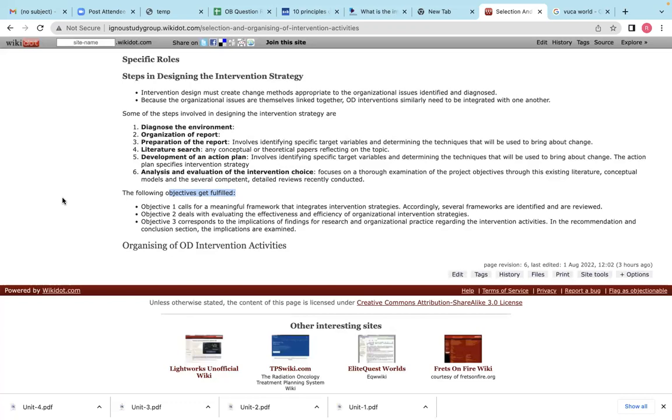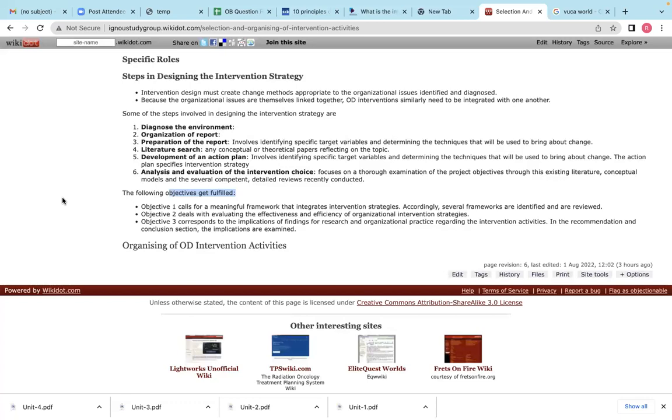As objective one. Objective two, evaluating the effectiveness and efficiency of organizational intervention strategies. So what is the effectiveness and efficiency of these strategies? That is objective two. Objective three, implications of findings, research, and organization practice related to intervention activities. Basically implications are something that are examined in the end.